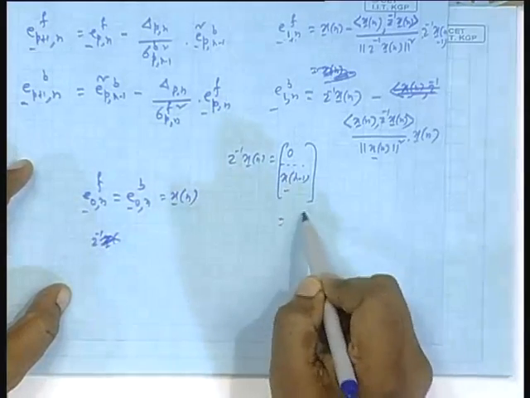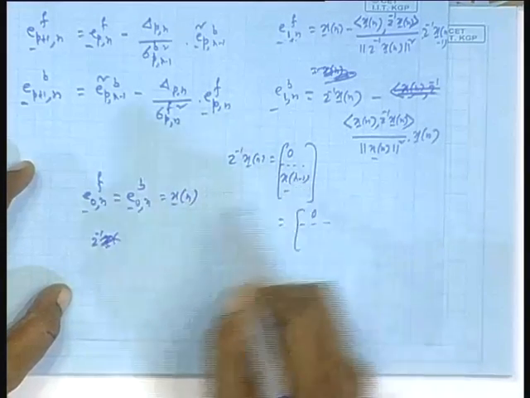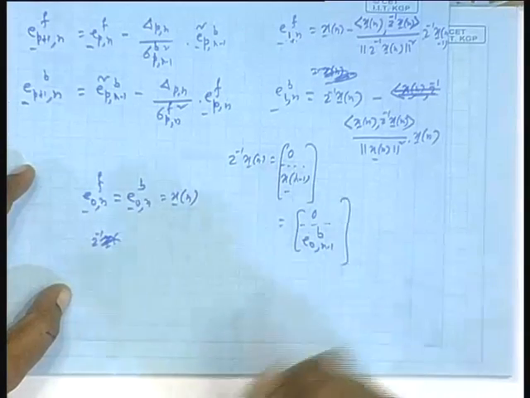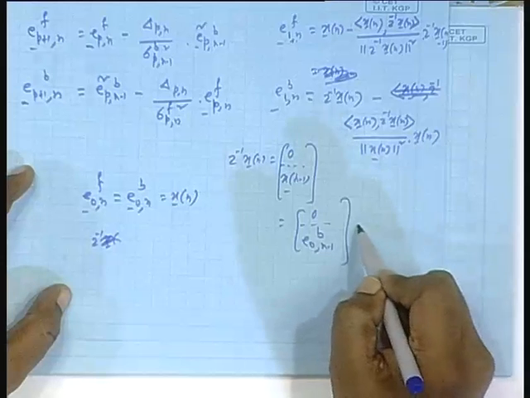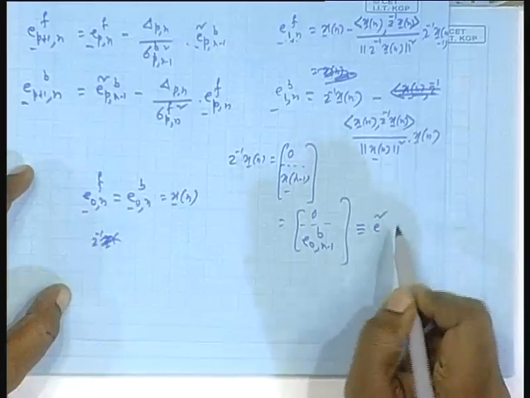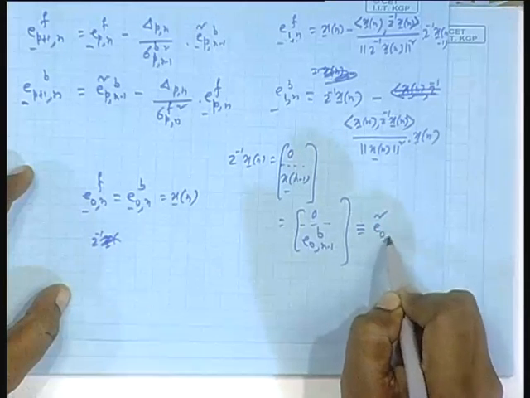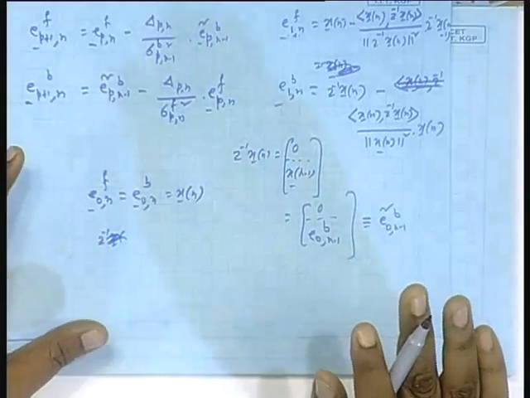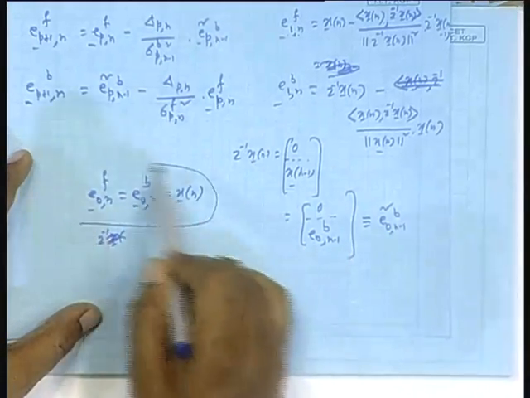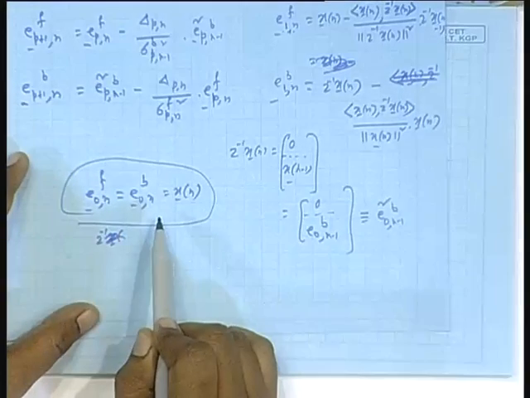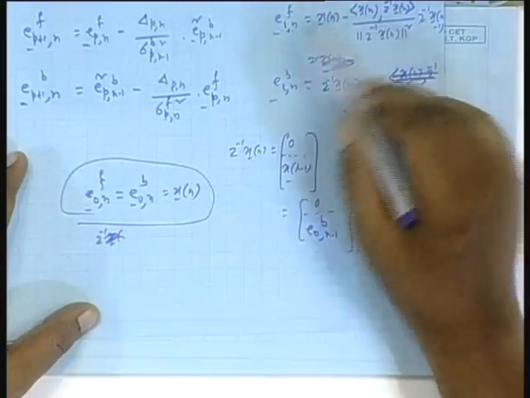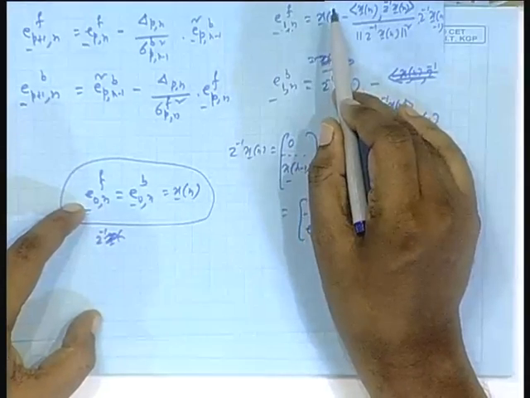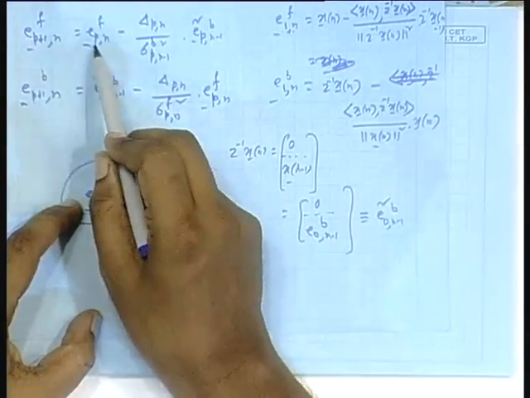This Z inverse x n is nothing but 0 dot dot dot x n minus 1, and so this conforms to the form if I assume this. If I define this, what happens to this lattice recursion? X n is immediately E 0 n f, p plus 1 p, that is coming.